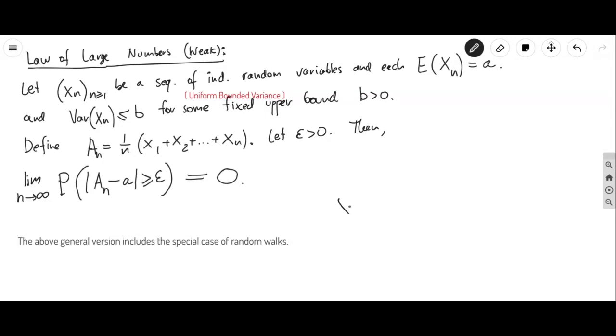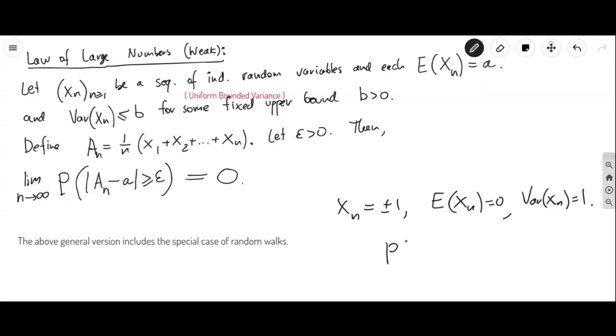Well, because when you have random walks, each of these is plus or minus 1. Their expectation is 0, and the variance of all of these is 1. You can work it through, but you had that as a homework problem. So the variance is uniformly bounded by one constant. In this case, the constant is 1. And then you just apply. So a is equal to 0 here.